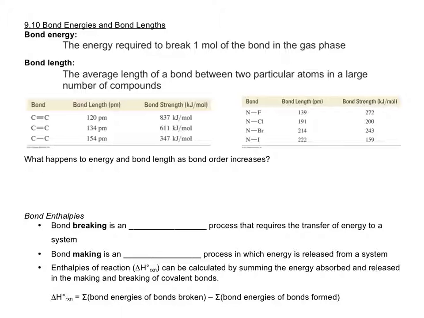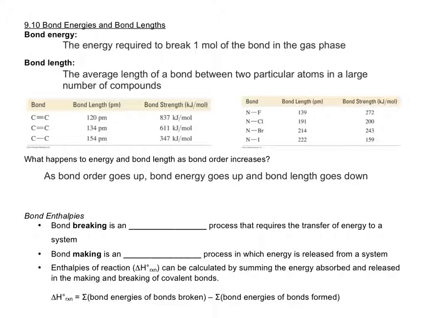What you can see from this table here is that as the bond order increases, so as we go from single to double to triple, the bond length goes down, so the atoms get closer together, and the bond strength goes up. So a triple bond is going to require more energy to break than a single bond, which I think should be intuitive.